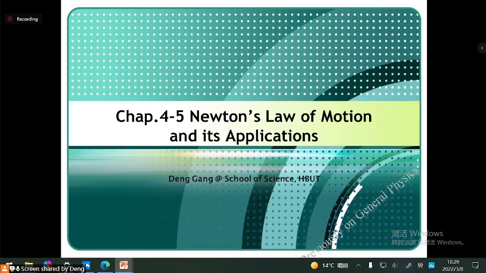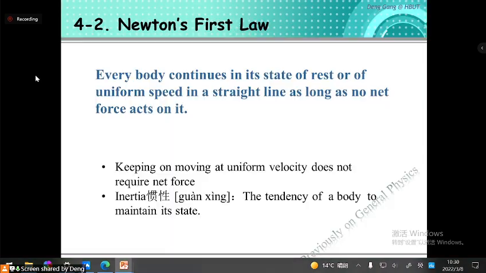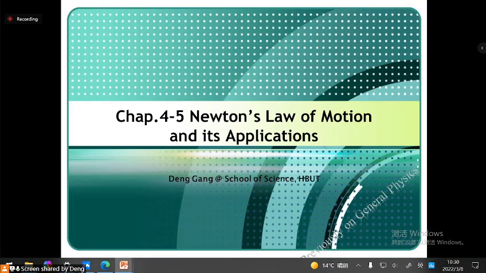Okay, so in chapters 2 and 3, we investigated how things move. So that is kinematics. And in chapters 4 and 5, they're about what we call mechanics, or especially dynamics.